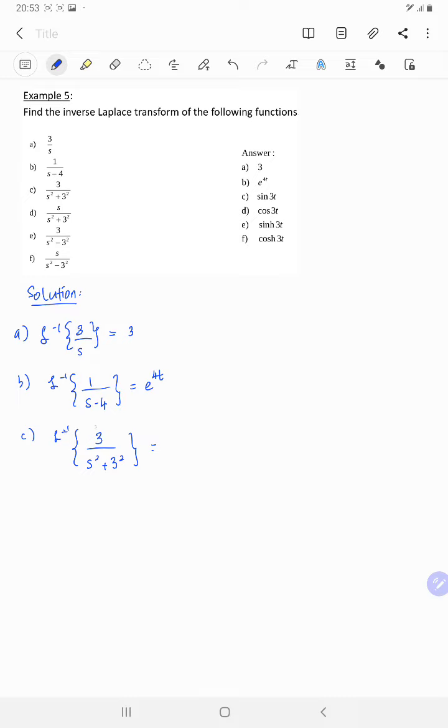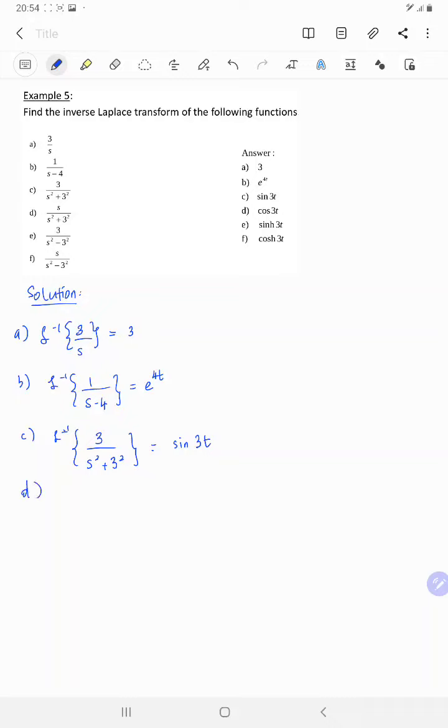The upper now is constant, so it must be sine. But what sine? Sine 3, because 3 here and 3 here must be similar, then sine 3t.